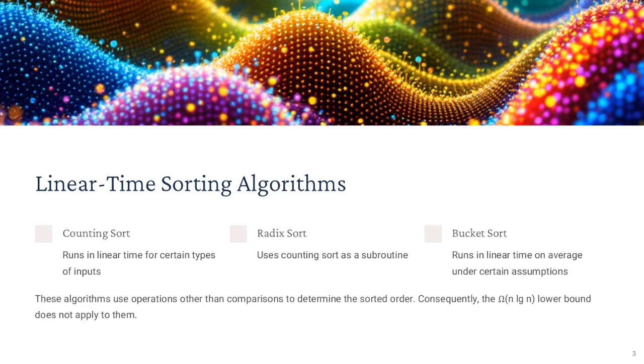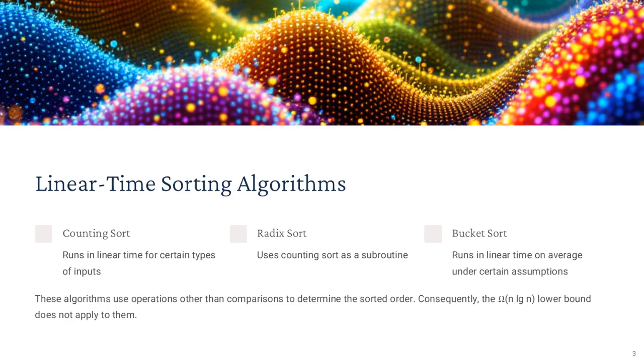Linear time sorting algorithms present an exciting deviation from the constraints of comparison-based methods. Three notable algorithms in this category are counting sort, radix sort, and bucket sort. These algorithms achieve linear runtimes under certain conditions by employing operations that go beyond comparisons, such as counting occurrences or organizing data into buckets. Counting sort, for instance, determines the sorted order by counting the number of elements less than or equal to each element.